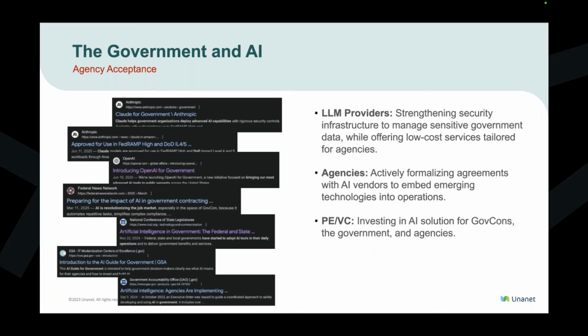Agencies are formalizing agreements with these AI vendors, and if you look at the PE and VC space, specifically for AI solutions for GovCons, it's actually growing. I believe around $120 million was invested last year into new solutions that harness AI for business development needs. And on the GovCon side, that's showing true too. Next slide, Josh.